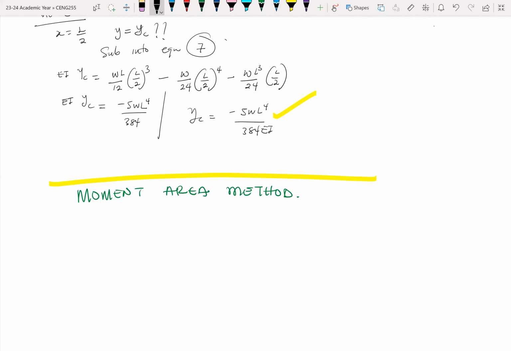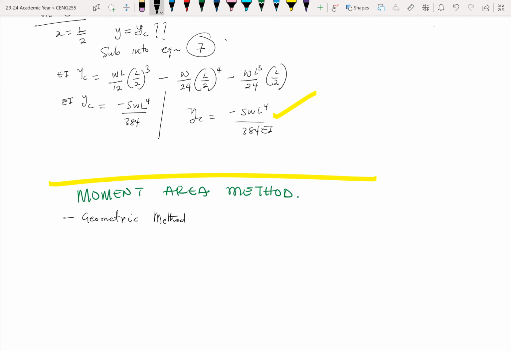So this is what we call a geometric method. Okay, what it simply means is that it uses the geometry of the beam and its bending moment to formulate equations to find slopes and then the deflections.